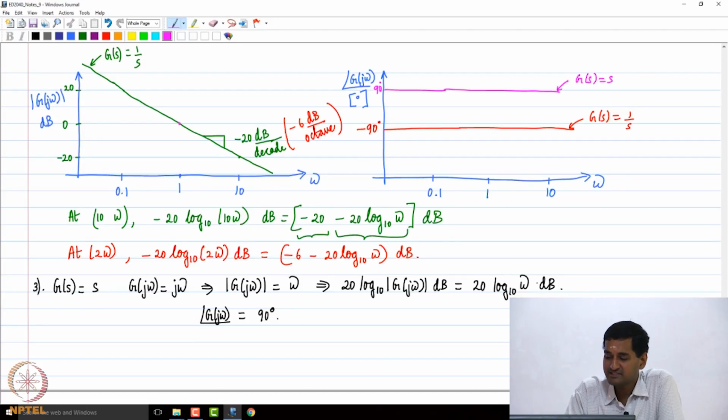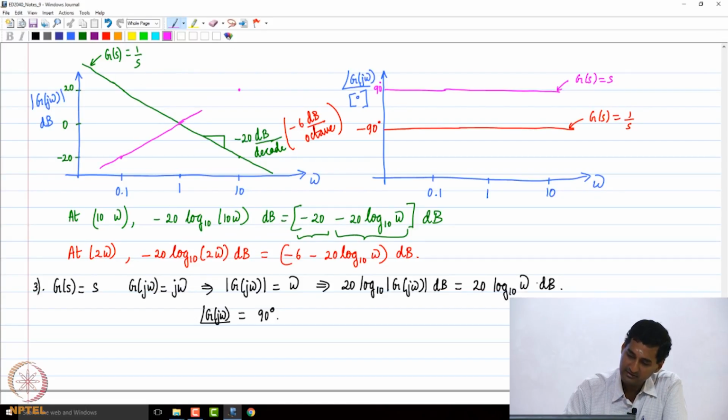At omega equals 10, what are we going to have? It's going to be plus 20 decibels. Okay, so at omega equals 0.1, we will immediately see that it's going to be minus 20 decibels, correct?